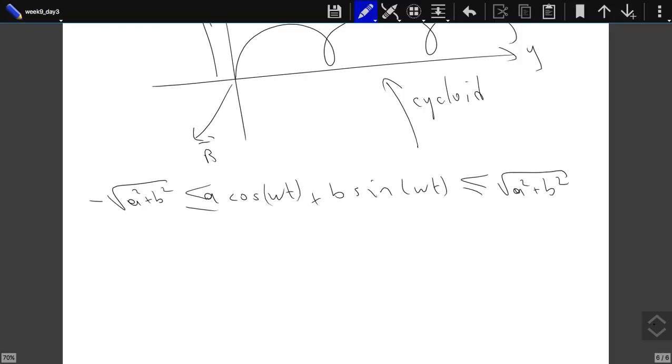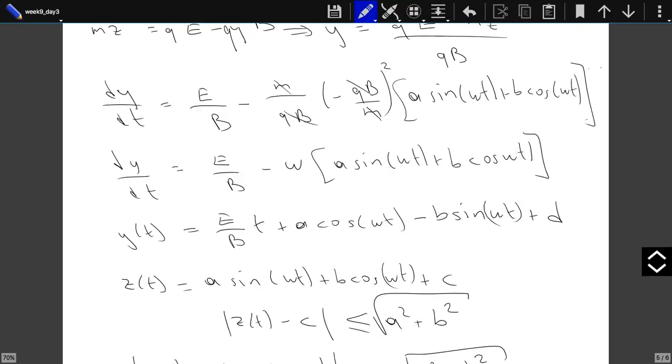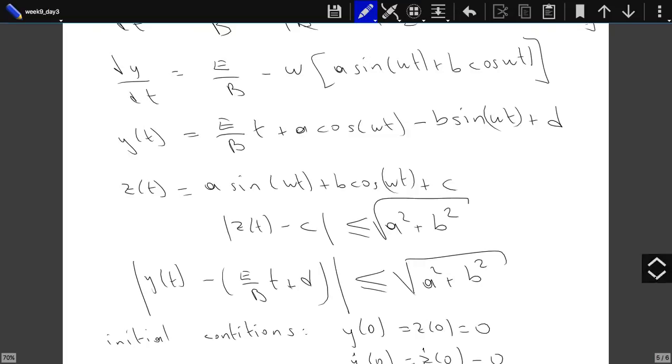Always. So that basically tells me that whatever these coefficients a, b, c, and d are, the z component is always oscillating around c, and the y component always oscillates about this number. So this point basically moves with constant velocity. There is this component which is moving with constant velocity, and the z and the y components are just oscillating around that.